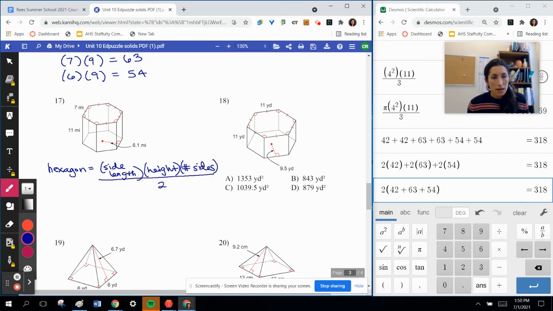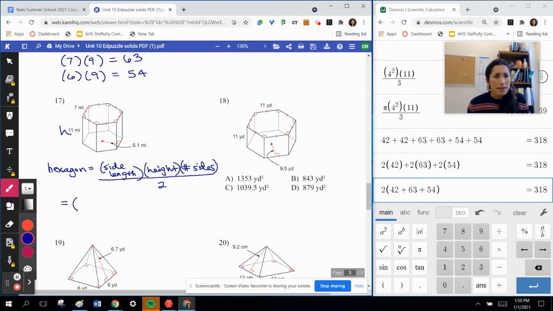And remember, this is kind of like another term for that apothem. And that's because I don't want you to get confused with this being the height of the whole entire shape, the hexagon height.